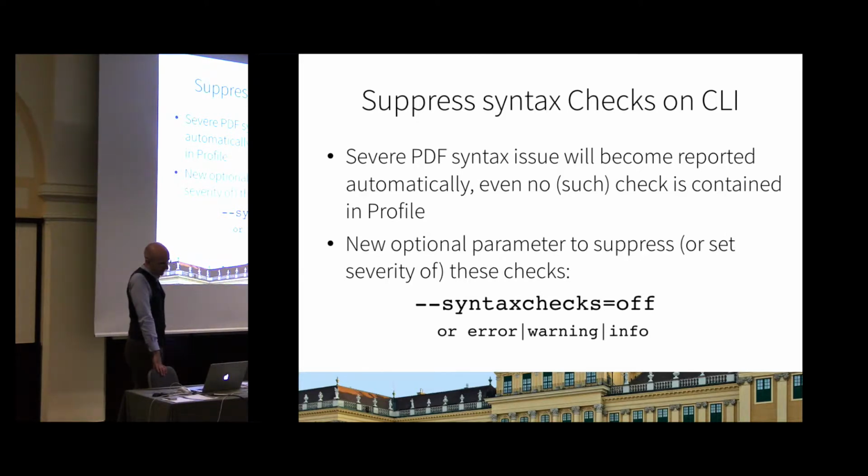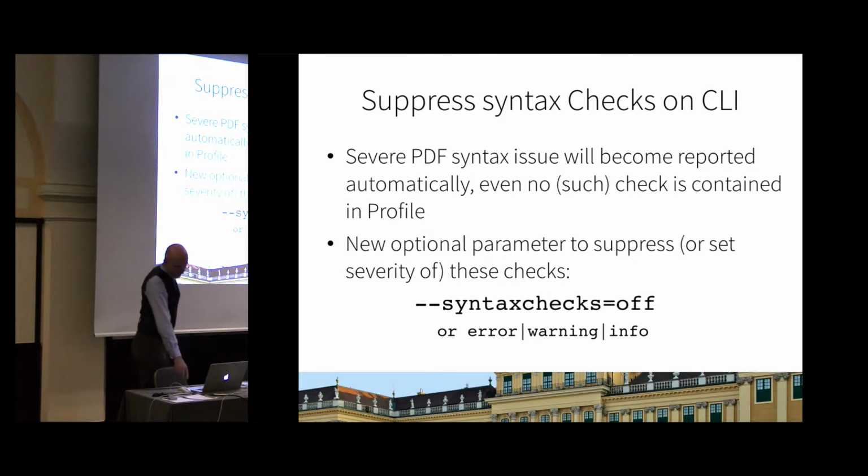This was and still is a problem in workflows, because you get hits for something which you don't want it to find in that process step in your workflow. We now have the parameter to just switch these syntax checks off. Just in CLI, parameter syntax checks off. You can also, of course, define the severity of those checks.